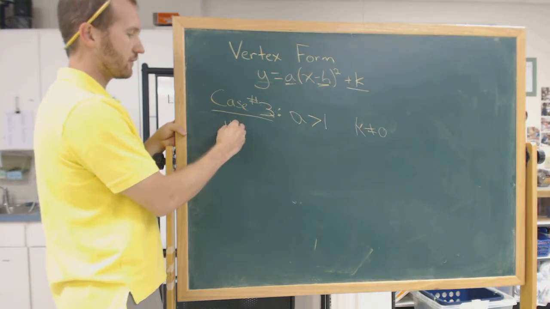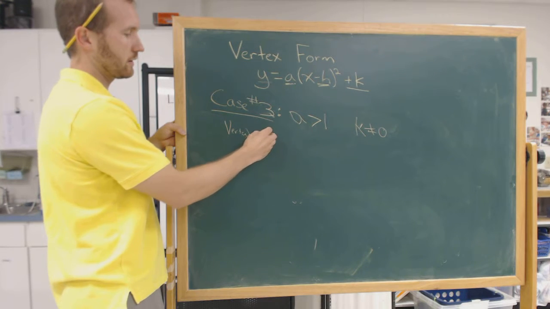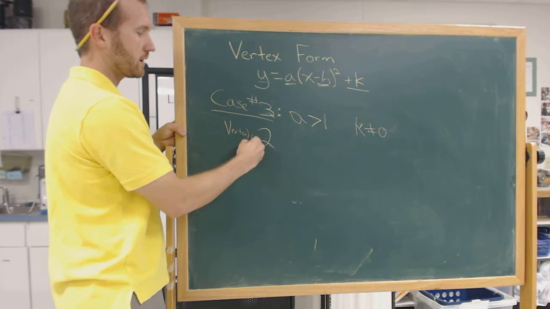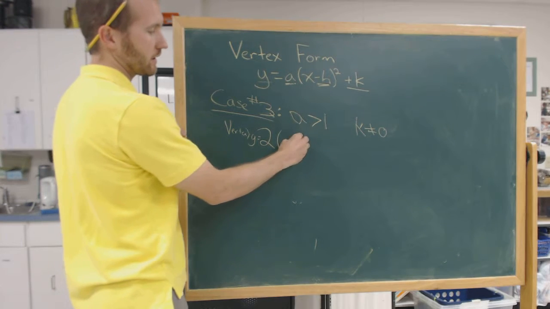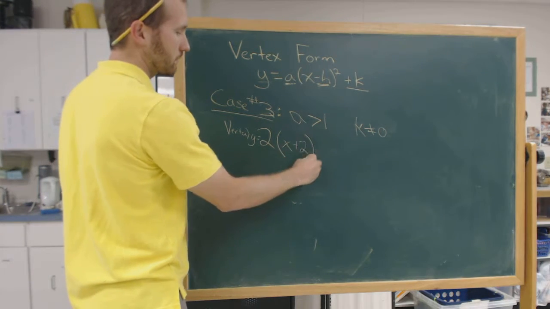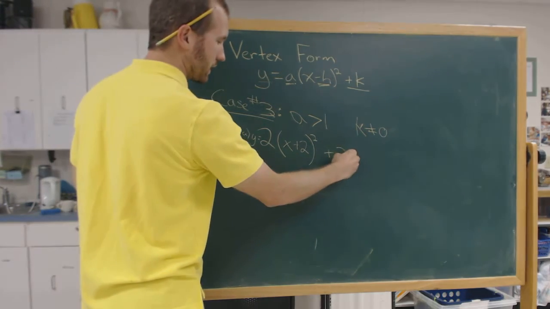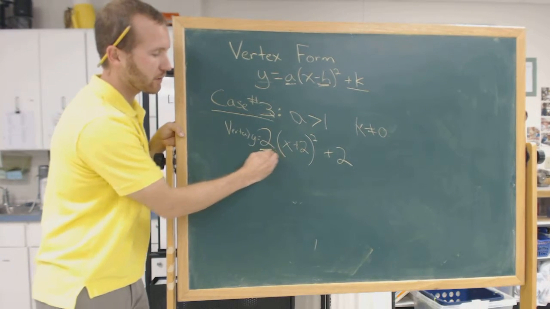So if I have vertex form, this would look something like y equals 2 times x plus 2 squared, and then let's just do plus 2 again. I have a lot of 2's. So now I have an a that's bigger than 1.